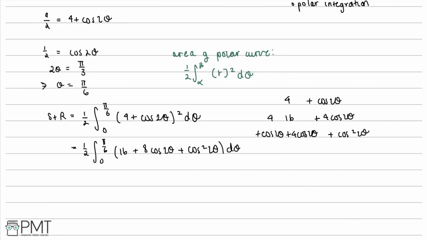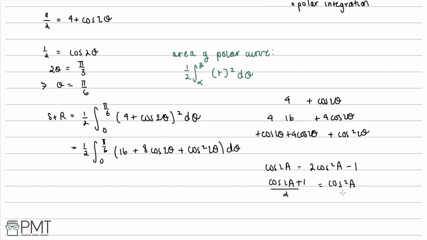Well, we can recall, using double angle formulae, that cos 2a is equal to 2 cos squared a minus 1. And thus, cos 2a plus 1 all over 2 is equal to cos squared a.